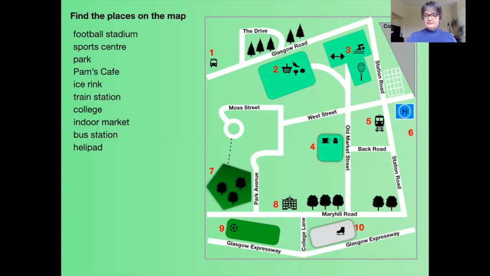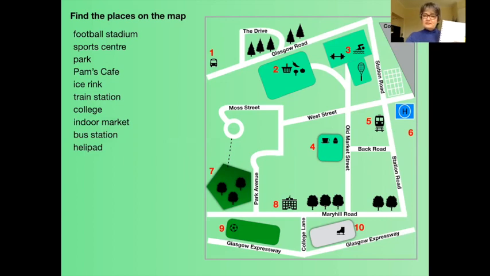So take some time now, pause the video and write down all the words in your notebook in a line. Then look at the map and write the number that corresponds to each place.